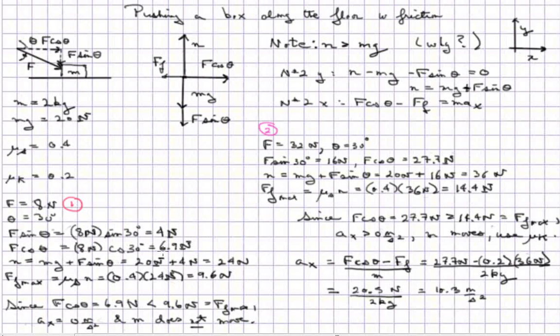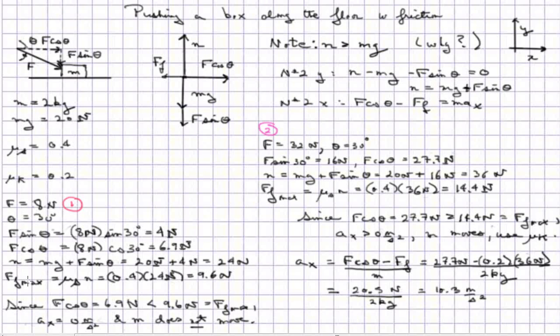I am retaining 1 decimal point in these calculations. And so from our Newton's second law equation in the y direction, we know that the normal force N is mg plus F sine theta. So for this example, that would be the weight of the mass, which is 20 newtons, plus F sine theta, which is 4 newtons. And so the normal force is 24 newtons.